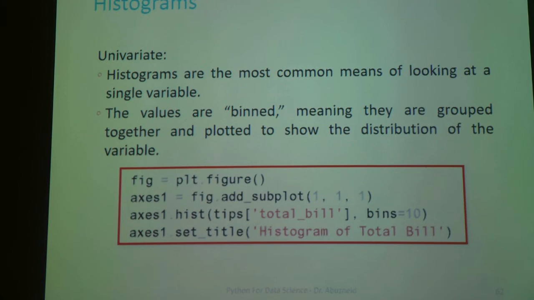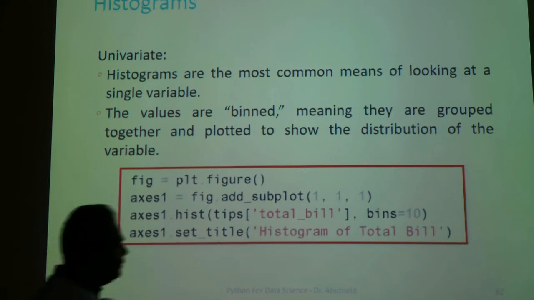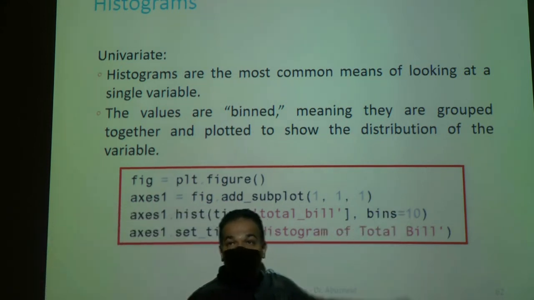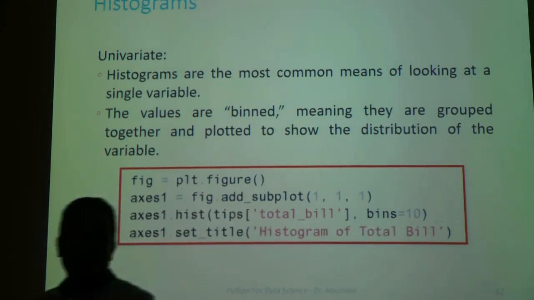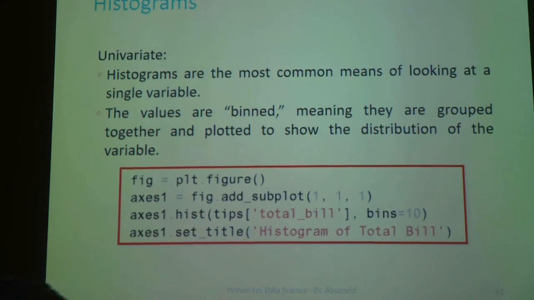So how many of these bills fit in each bin? And I draw them. How to decide the range? From the minimum to the maximum and the number of bins. Right? So in here you decided the number of bins. How many bins are you going to have? 10. So automatically it will look at the minimum and the maximum and divide by 10 and give you the range.